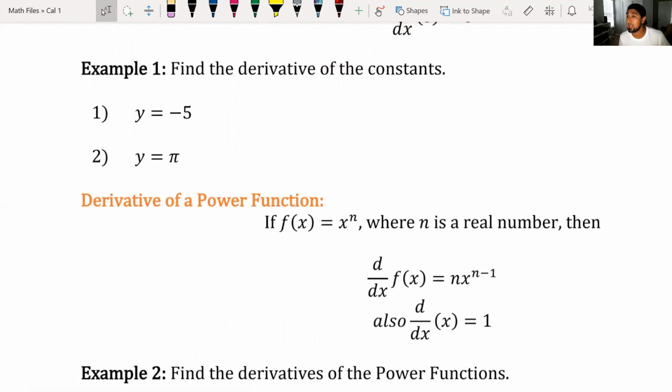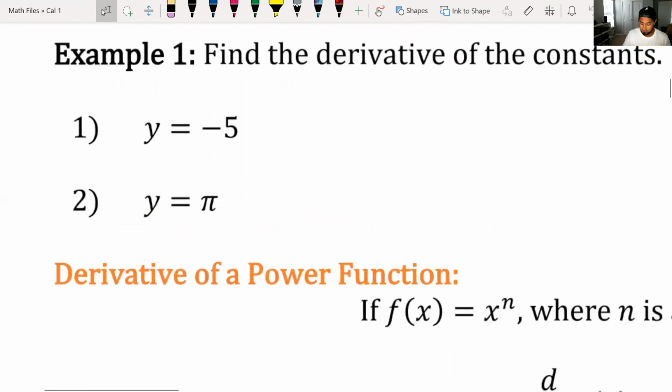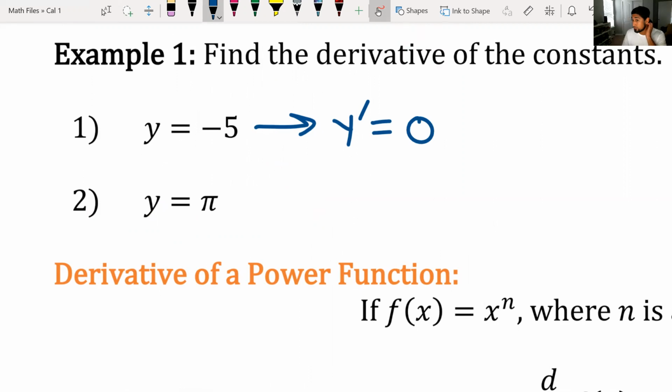we have y equals -5. Let's find the derivative of -5. We will say y prime, the derivative: since -5 is a constant, the derivative of -5 is 0.